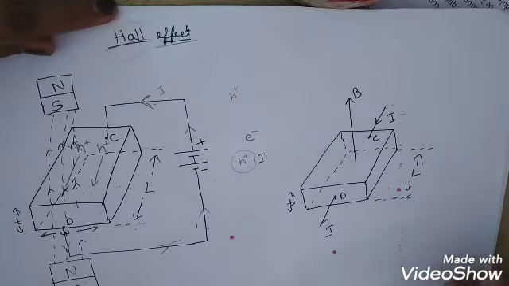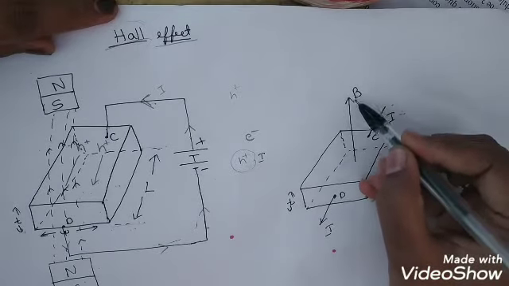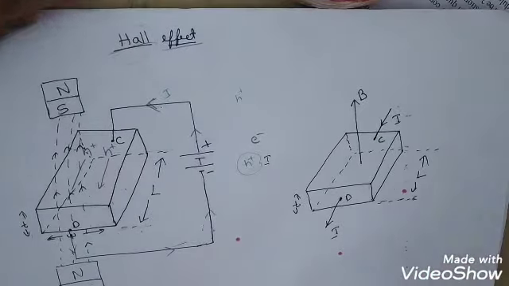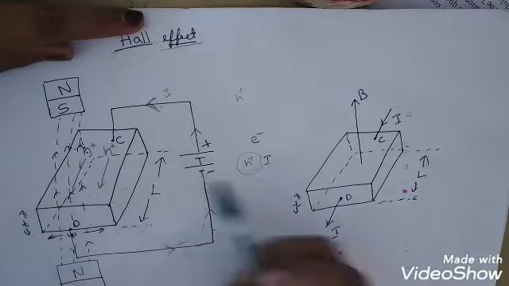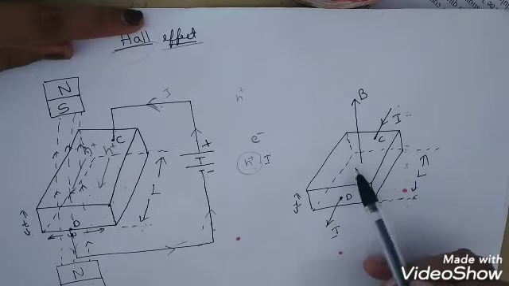We are applying the magnetic field, represented by the magnetic field intensity B, which is exactly perpendicular to the applied electric field. Now what exactly happens to the holes when they are under the influence of both electric and magnetic fields?